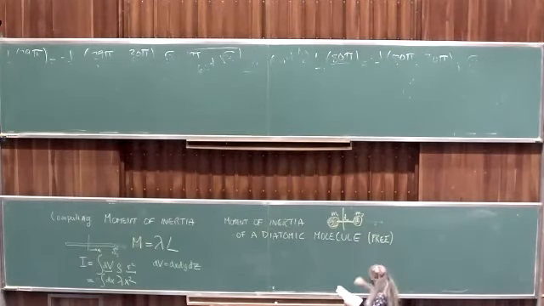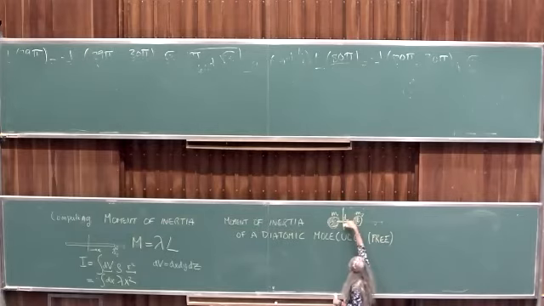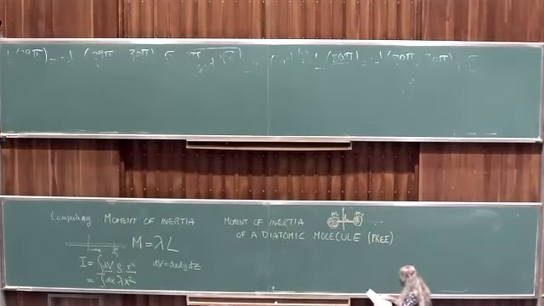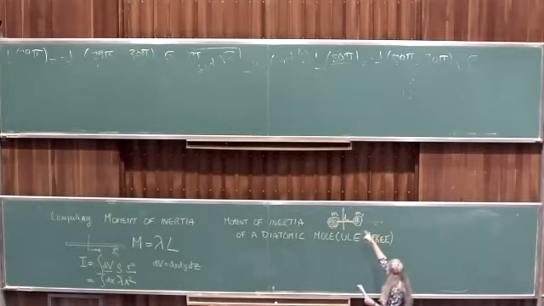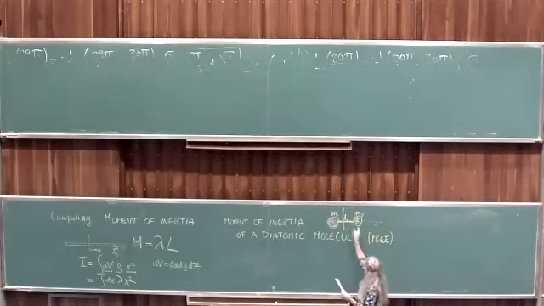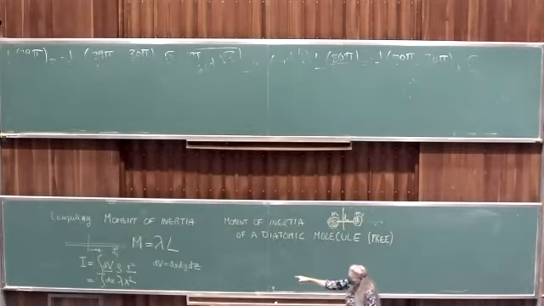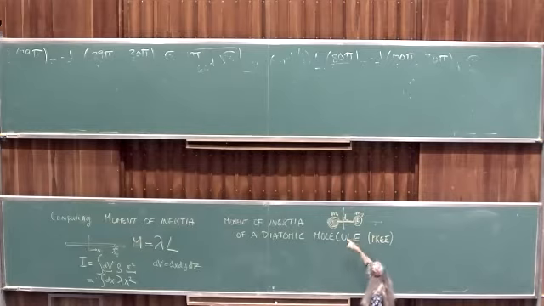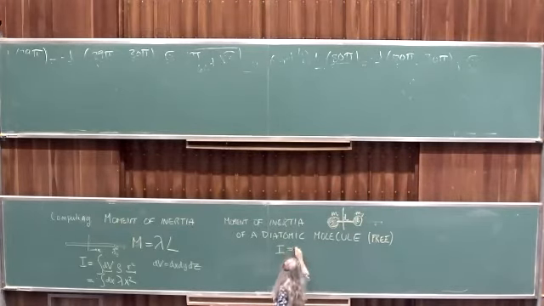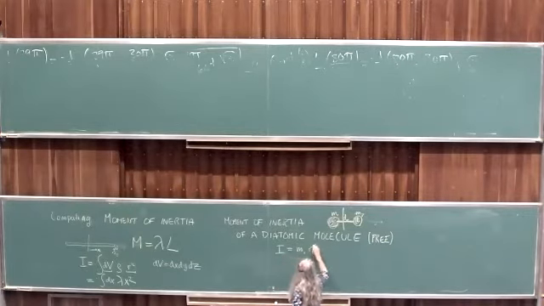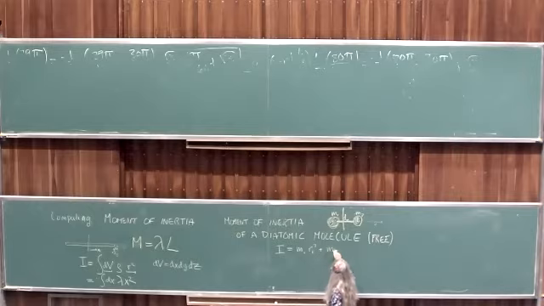Okay, so let's figure out the moment of inertia. I'm going to put the rotation axis perpendicular to the axis that the molecules are on. So instead of an integration, we've got 2 point masses, so it's easier for us to just sum m1 r1 squared plus m2 r2 squared, right?